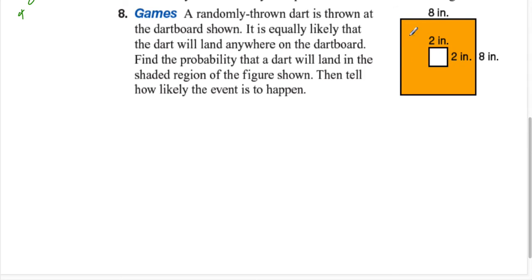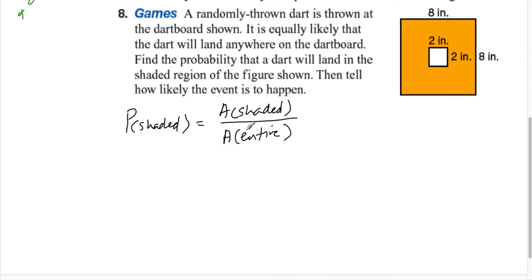Okay, and if you notice, to be able to find the area of the shaded region, you need to get the area of the big square minus the area of the small square. So the probability of it landing in the shaded region is equal to the area of the shaded region over the area of the entire region.